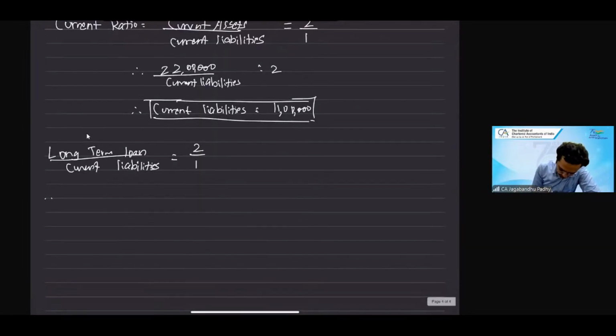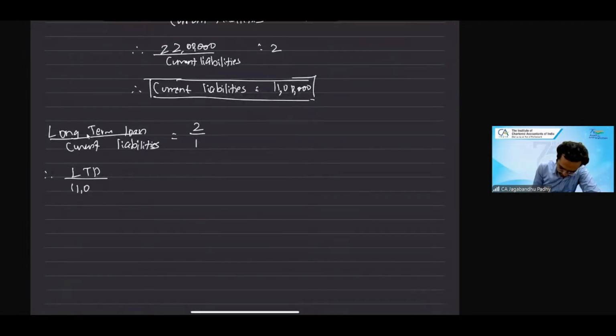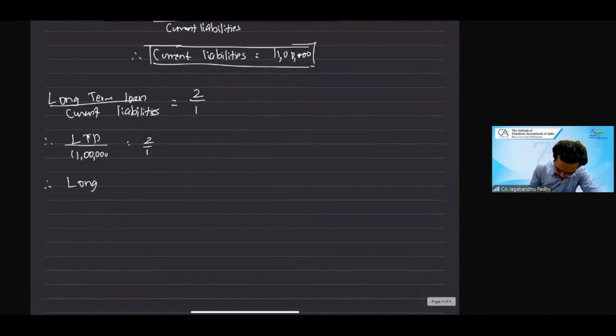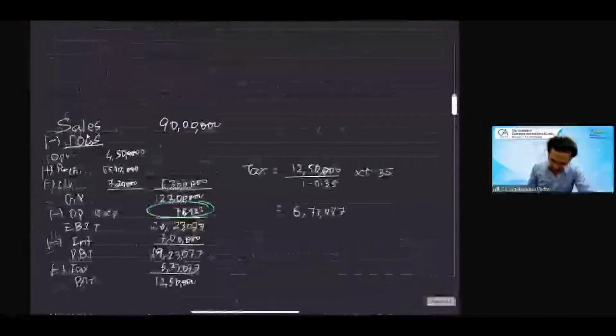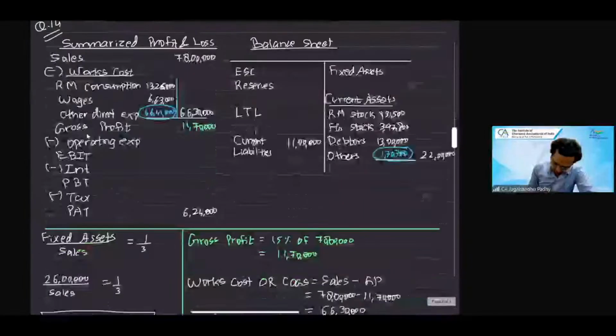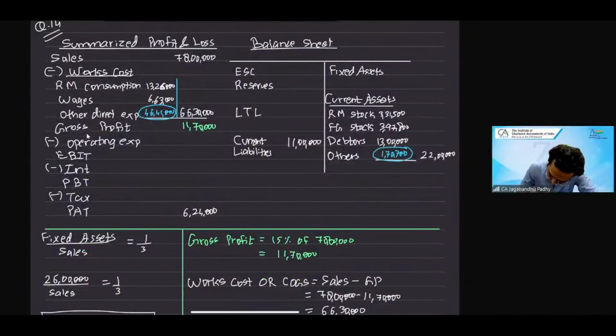So we know current liabilities is 11 lakh, equal to 2/1. So what will be long-term loan? 22 lakh. Long-term loan is 22 lakhs.